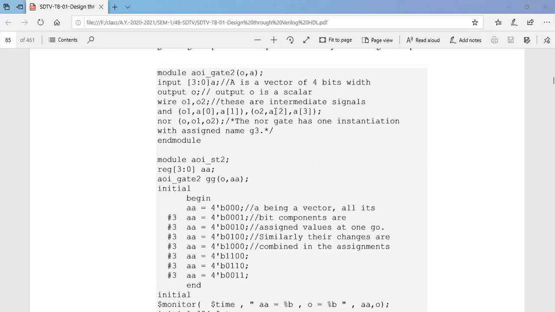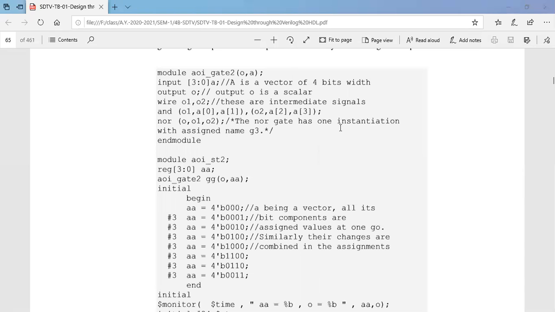Between A of 2 and A of 3, it is going to perform an AND gate operation, and it is going to produce its output in O2. Then for the NOR gate, we are straight away giving the final output O, and its inputs are O1 and O2.